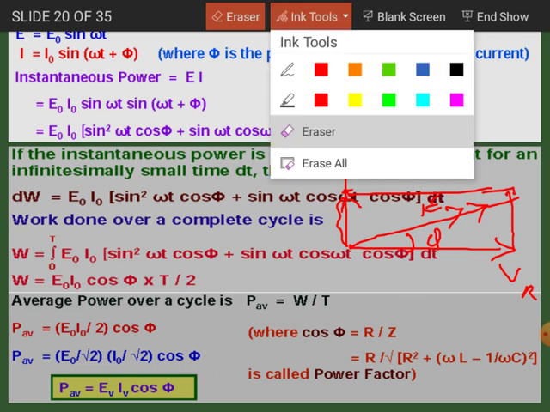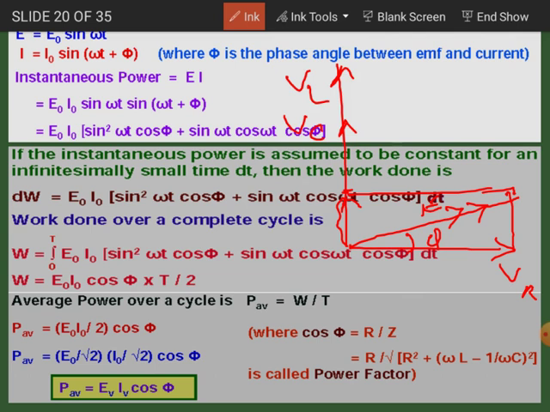So if we take this VR as I into R, and instead of VL minus VC, we take it as I times XL minus XC, like this. So if you drop this I from both sides, then this can represent the difference of the reactances, inductive reactance minus capacitive reactance. And on this side, this length can represent the resistance. This length will represent what?